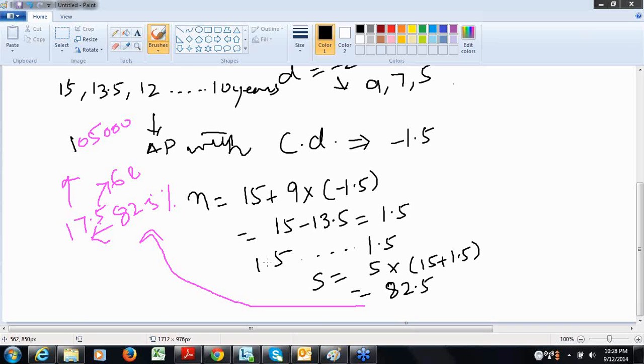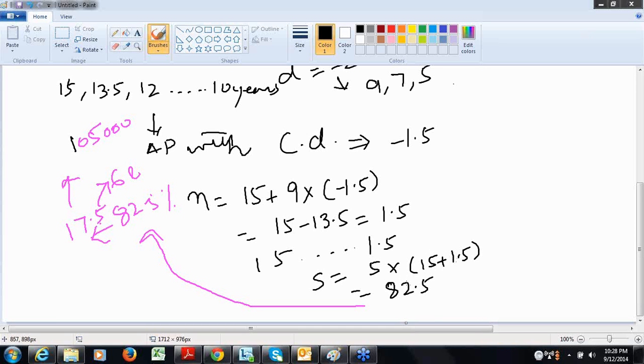So at the 10th year the depreciation will be 1.5%. Total depreciation in cost will be 15 plus 13.5 plus 12 plus till 1.5. So total depreciation will be n by 2, 10 by 2, 5 into (a is 15 and l, the last, is 1.5), so 16.5 into 5, 82.5.